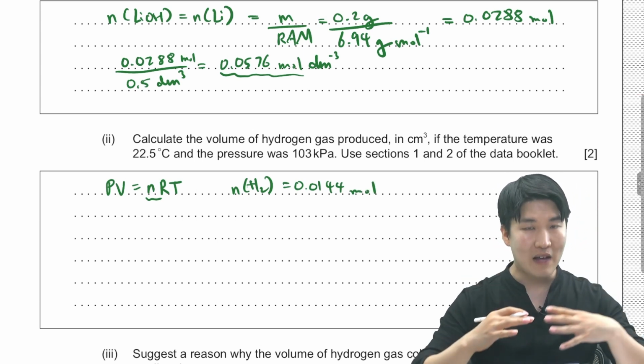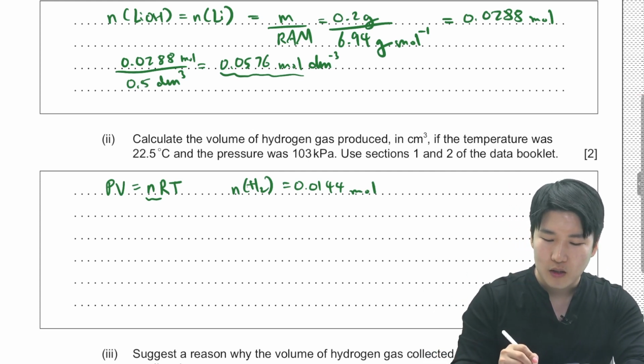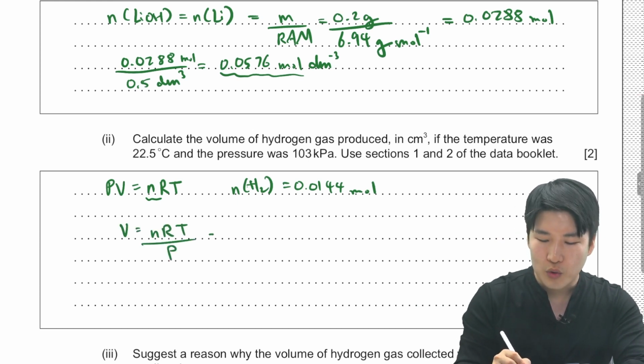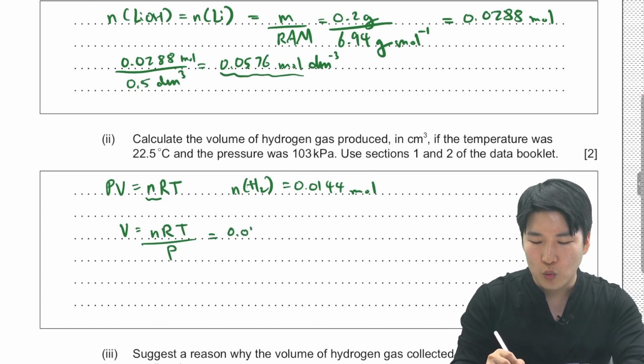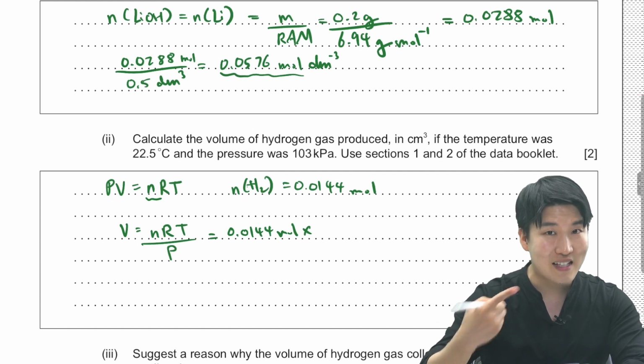So let's put the values into the rearranged ideal gas equation. We're trying to find the volume. So volume equals nRT over P, which would equal 0.0144 mole times R, the gas constant.